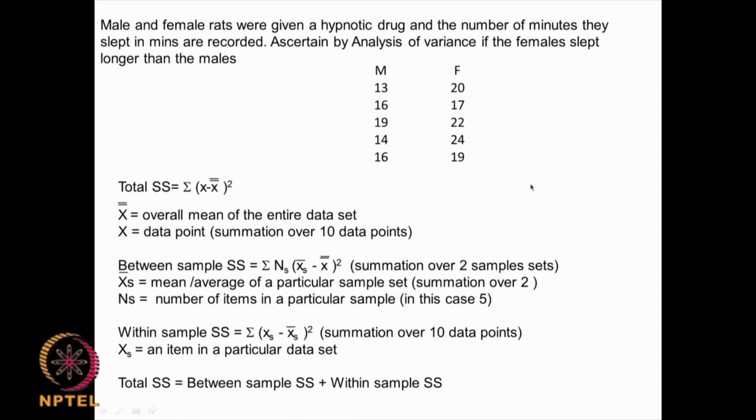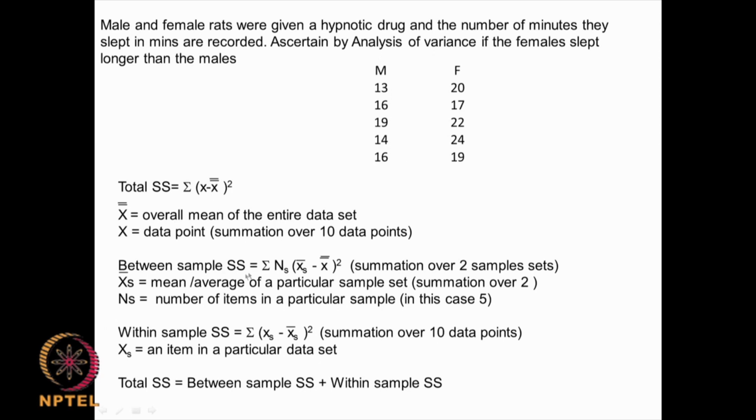X double bar is the global mean. So, we will say 13 minus global mean square, 16 minus global mean square, and so on. That will give you the total sum of squares. The degrees of freedom for the total sum of squares is 9 because there are 10 data points. When we have 2 sets of samples or groups here, the degrees of freedom is 2 minus 1, which is 1.